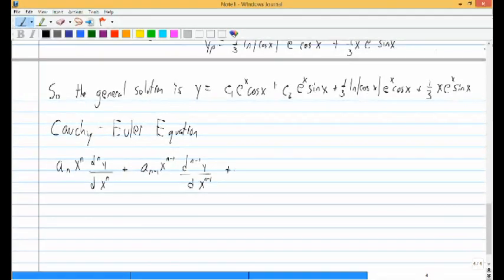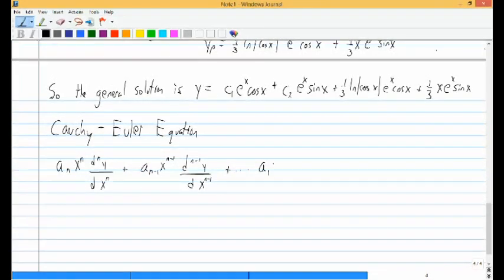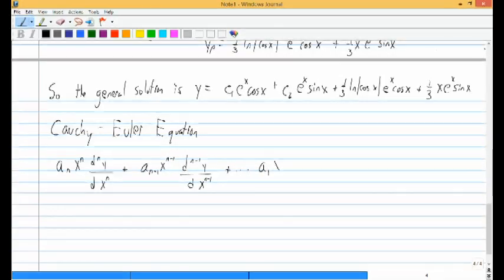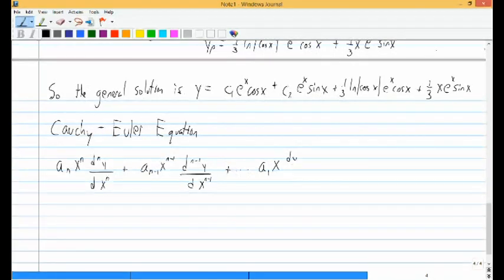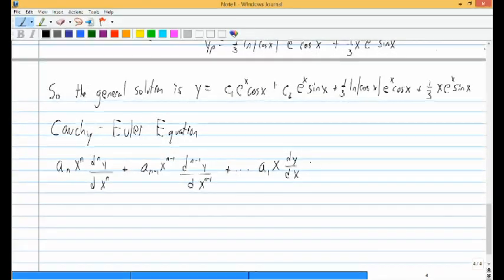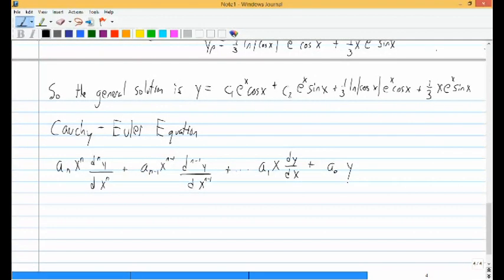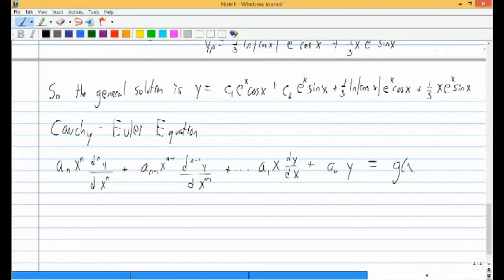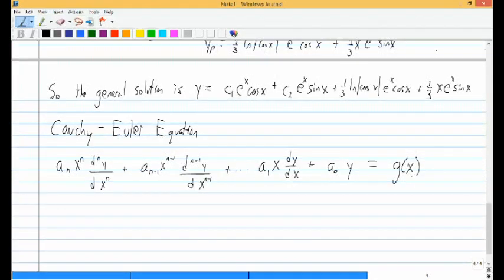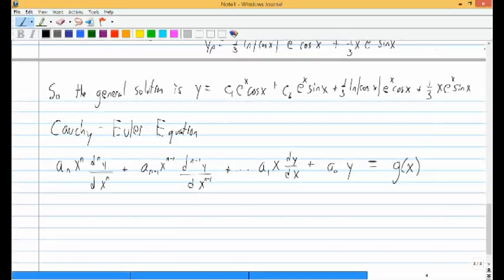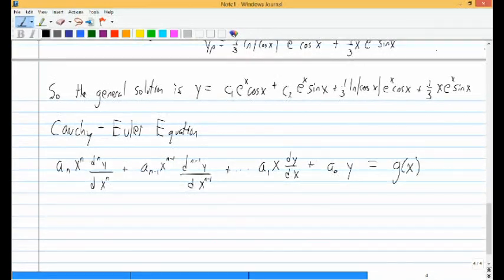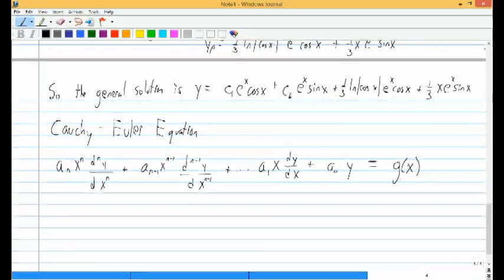And that would keep going on and on until eventually you get to a sub 1 times x dy dx plus a sub 0 times y equals some g of x. So this is just the general form of a linear differential equation of nth order. Nothing really magical going on there.